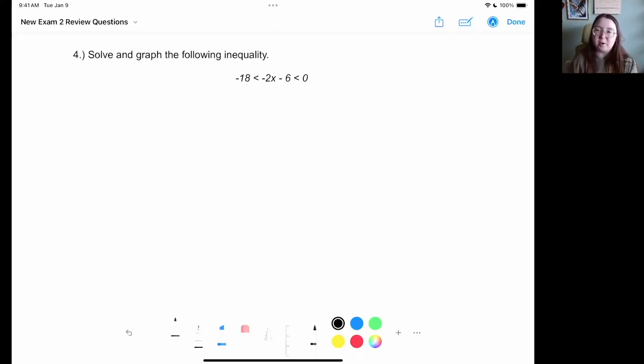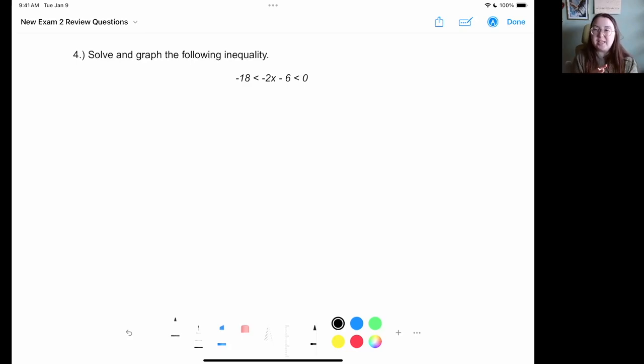The compound inequality kind of stands in for the word and. So we've got negative 18 less than negative 2x minus 6, and negative 2x minus 6 is less than 0. So the compound conjunction here is working as the word and. It's basically a 2-part inequality.